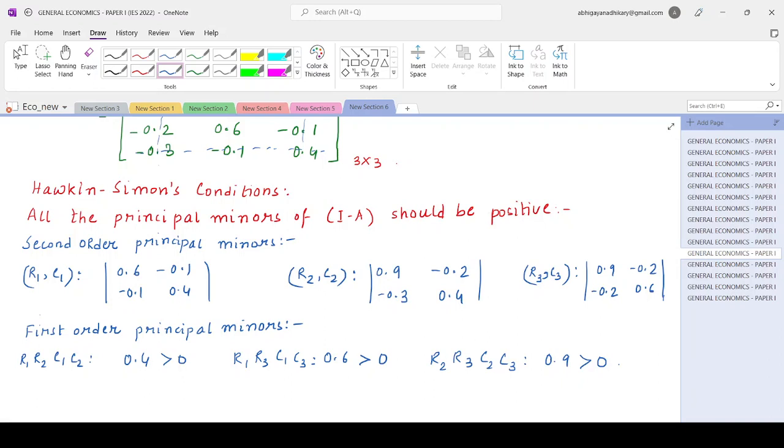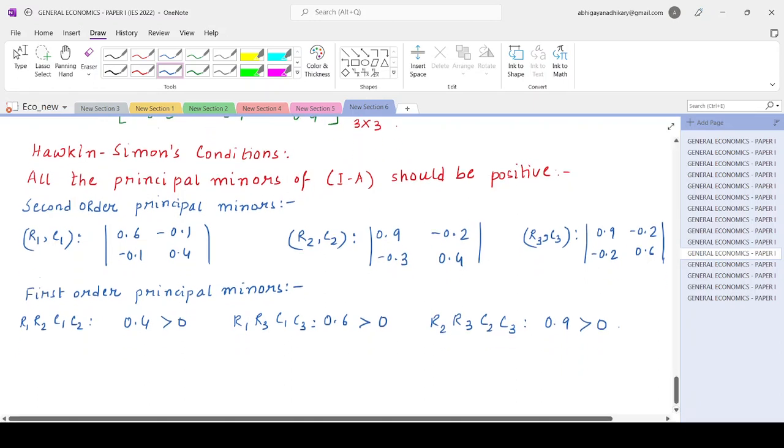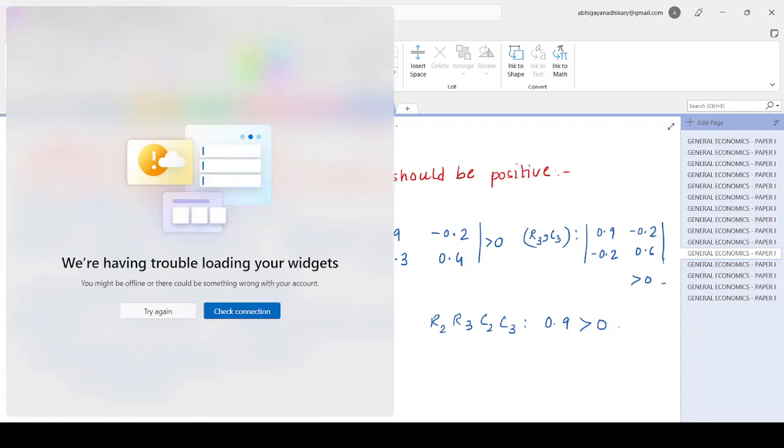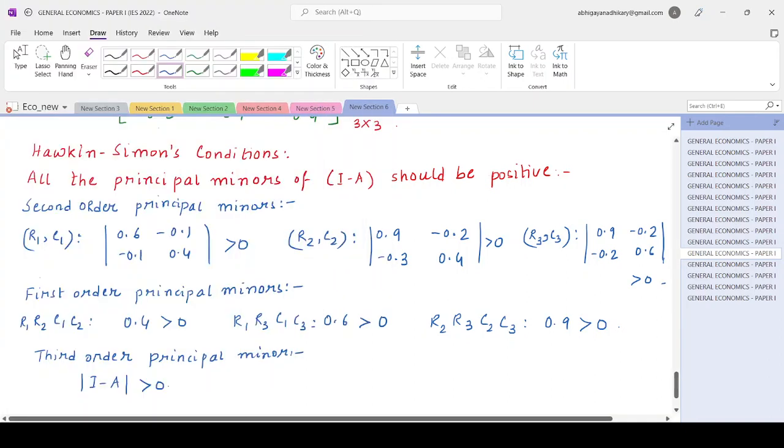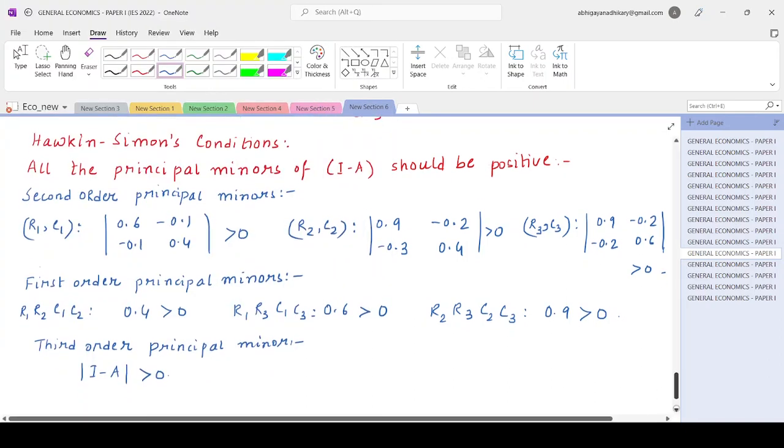And finally, you come to the third order principal minor, which is nothing but the entire matrix. You take the determinant of this and check if it is positive. If all of them are positive, then the Hawkins-Simon conditions are satisfied. And that is what you are required to check, testing the viability of the system.